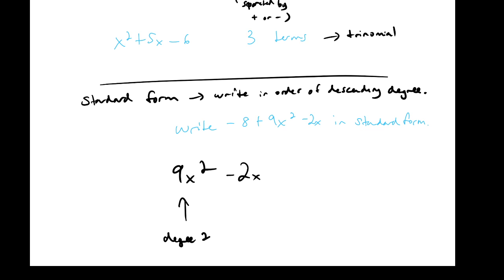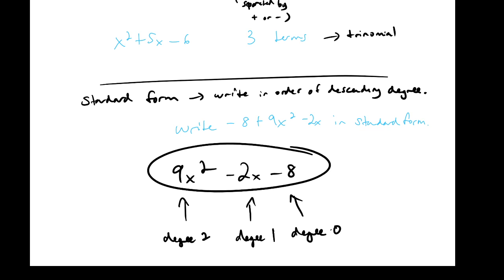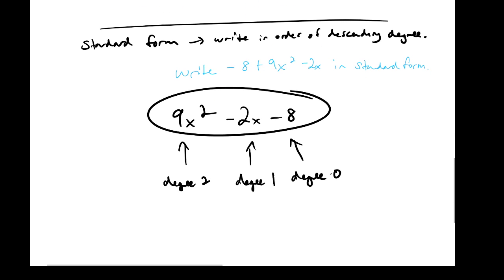Negative 2x, if I'm going to descending degree, because this is degree 1. And of course, last but not least, is that negative 8. That is degree 0. That is your answer in descending degree or standard form. Again, this is a trinomial. It is 3 terms.